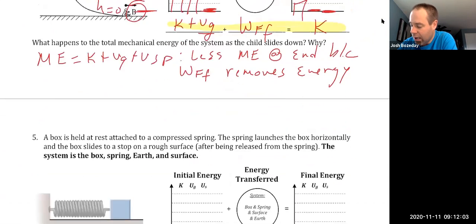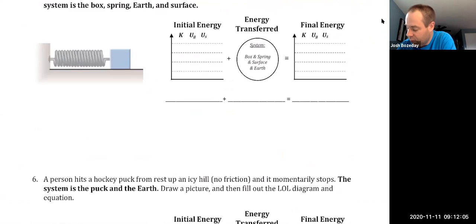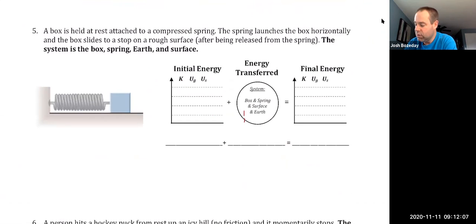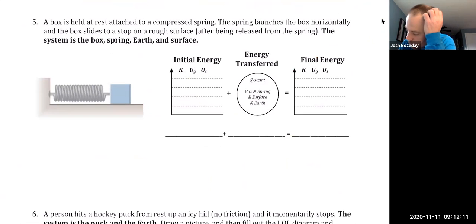So let's take a look at the last couple here if we can. A box is held at rest attached to a compressed spring. Okay, so we're going to have some U spring now. The spring launches the box horizontally and the box slides to a stop on a rough surface. So after being released from the spring, let's see, this is interesting.